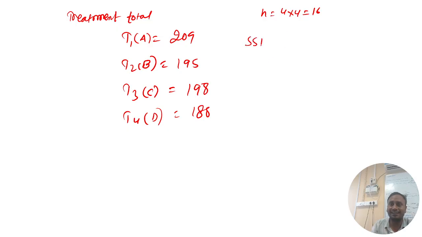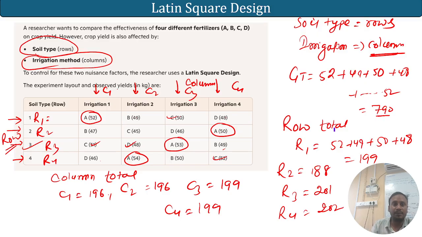So now we'll go with the SST. What is there? Summation of Yij square minus GT square by N. It means the summation of 52 square plus 49 square, 50 square, 48 square, 47 square, 45 square, 46 square, 50 square, 51 square, 48 square and all.